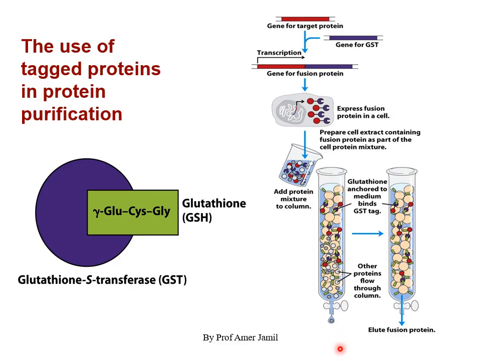And glutathione is present here. So when we add this protein mixture to this column, we start eluting the proteins out of the column. But all the proteins that contain this GST tag will remain attached to the matrix.